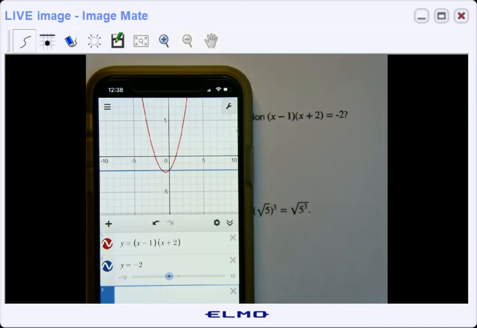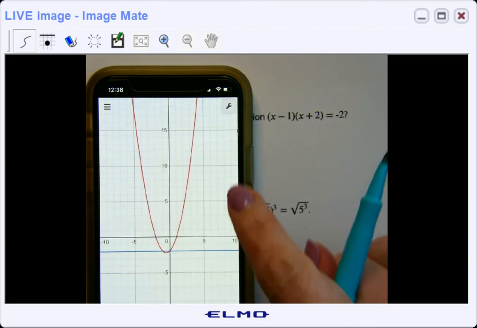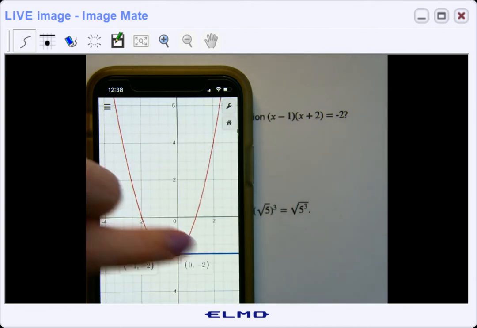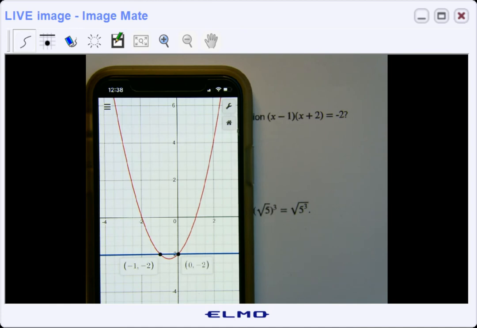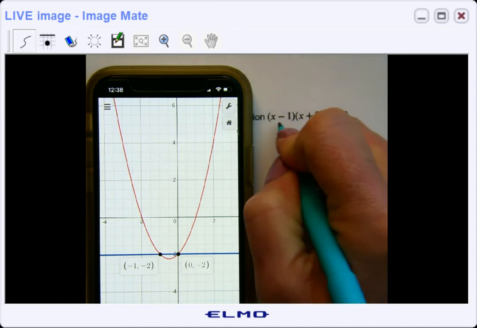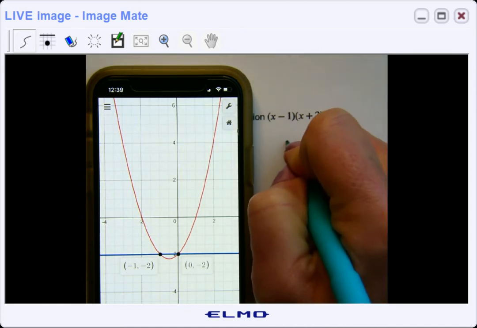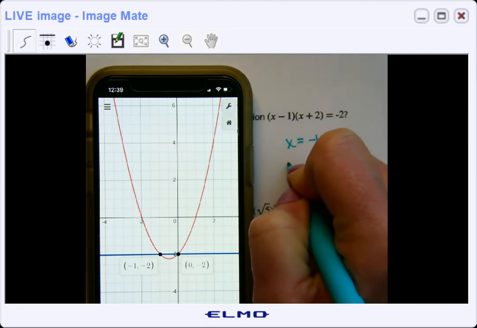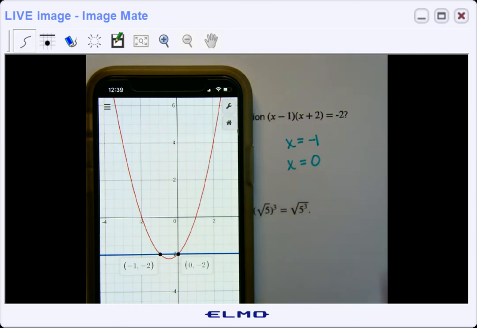It's a horizontal line. And then I can zoom in and click the points of intersection, and I'm looking for the x values. So I know the two solutions to this equation are x equals negative 1 and x equals 0, because those are both the values of the function that make it equal negative 2.